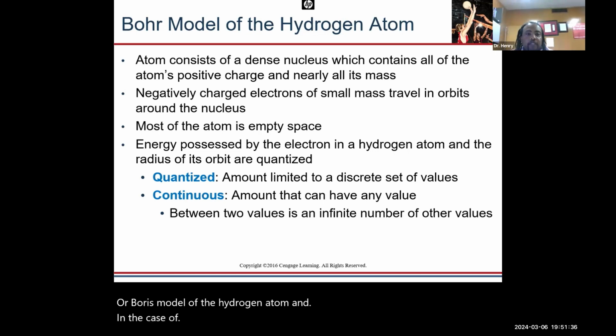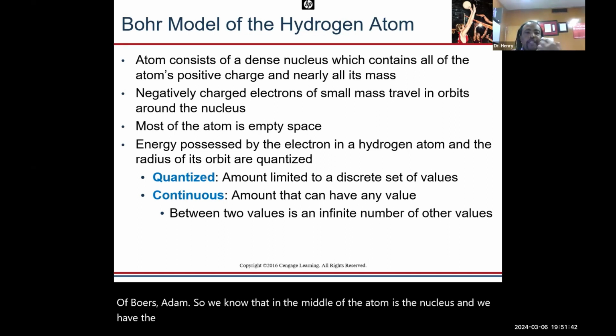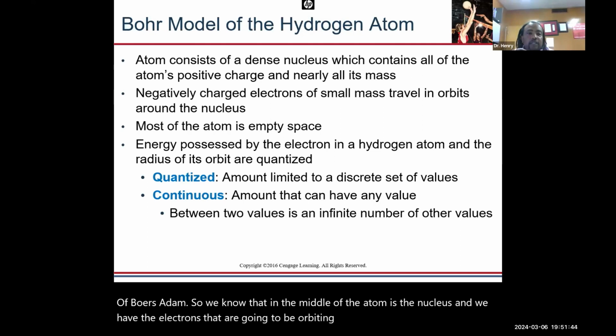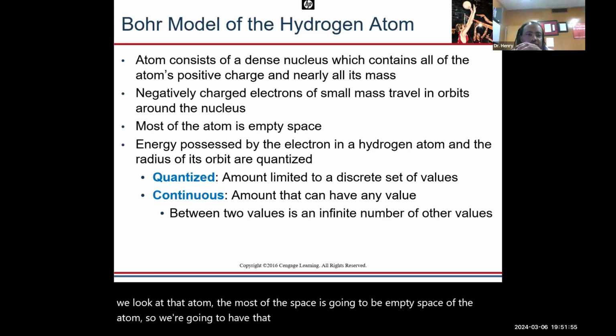In the middle of the atom is the nucleus, and the electrons are orbiting around the nucleus. If we look at that atom, most of the space is empty space. We have the electron density cloud on the outside where the electrons are orbiting, but a lot of empty space.